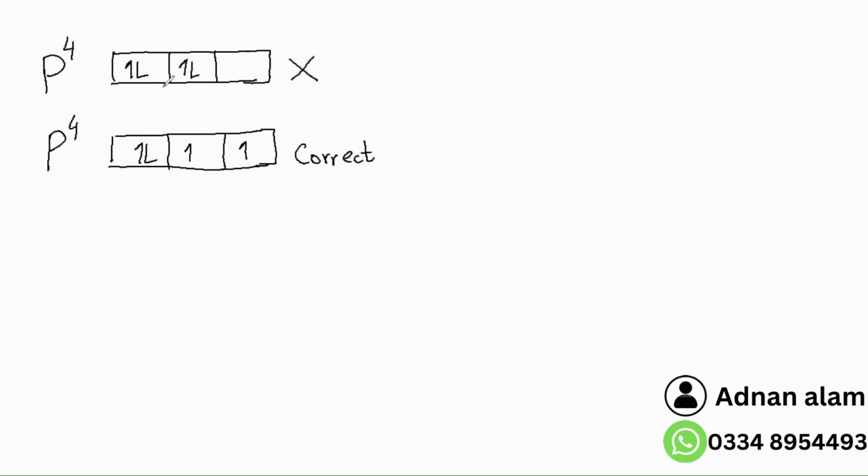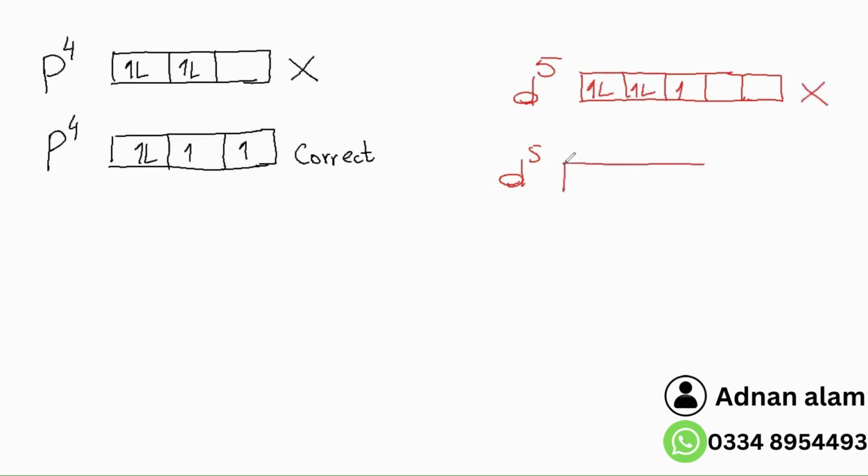Okay, because according to the rule, we are supposed to place electrons with the same spin first, then we are allowed to pair up. For example, if you have 5 electrons in the d subshell, we know that the d subshell has 5 orbitals. So if you place these 5 electrons like this, this placement is against the rule and will be considered incorrect. So the rule suggests that you have to place electrons with the same spin first, 2, 3, 4, and 5.